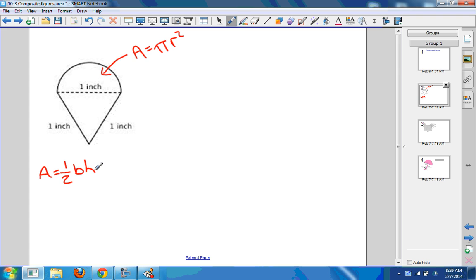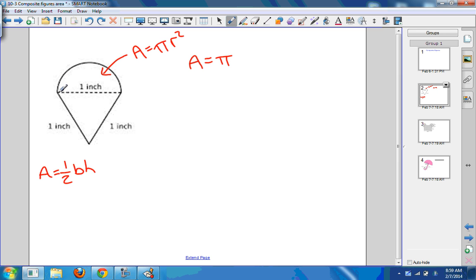So for our area, let's start off looking at our circle. This isn't a complete circle. It's not going all the way around. It looks like just half a circle. So we find the area of our circle, and we can just divide it by 2. So the area of this circle is going to equal pi times the radius squared.